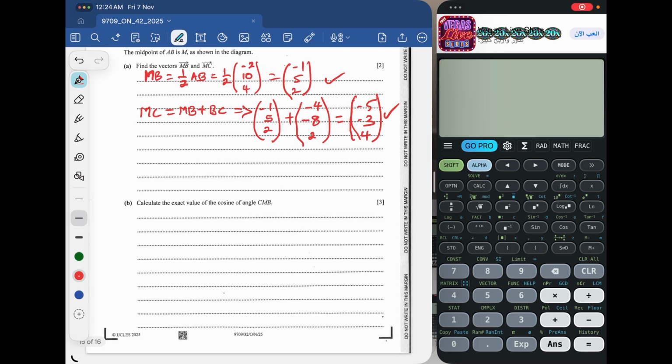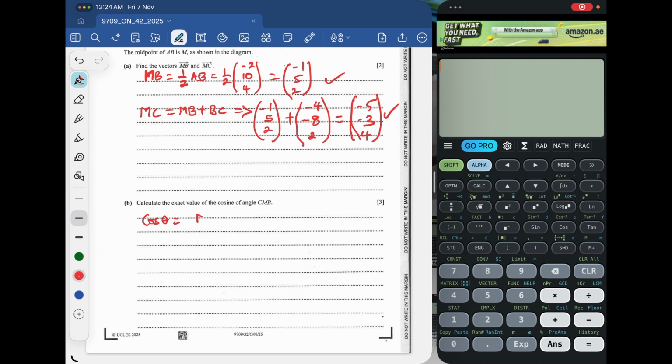So you should know the formula for the angle. You should know it; if you don't, learn it. So cos theta is MC dot MB over the modulus of MC times the modulus of MB. Be very careful here, M is the common point.